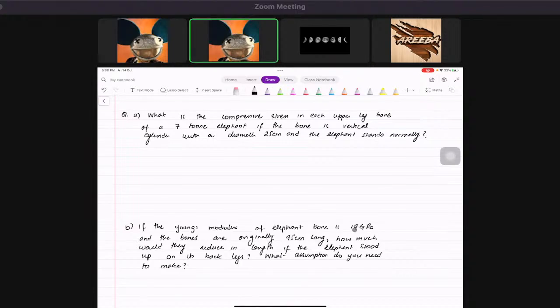7 ton is basically 7,000 kg. 7,000 kg is the mass of the elephant, and the bone seems to be a cylinder. So the area would be pi by 4 d square.